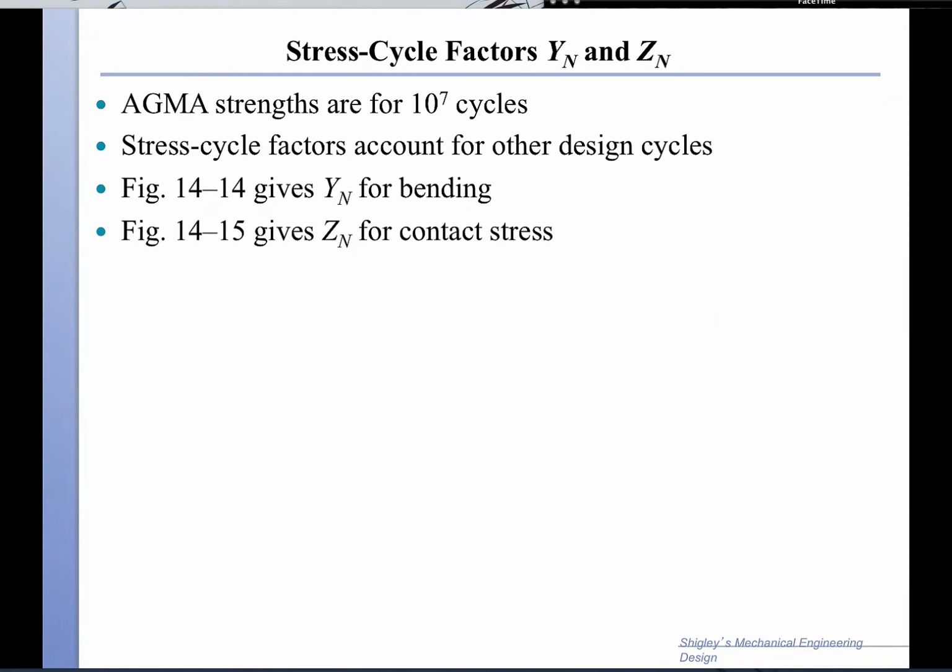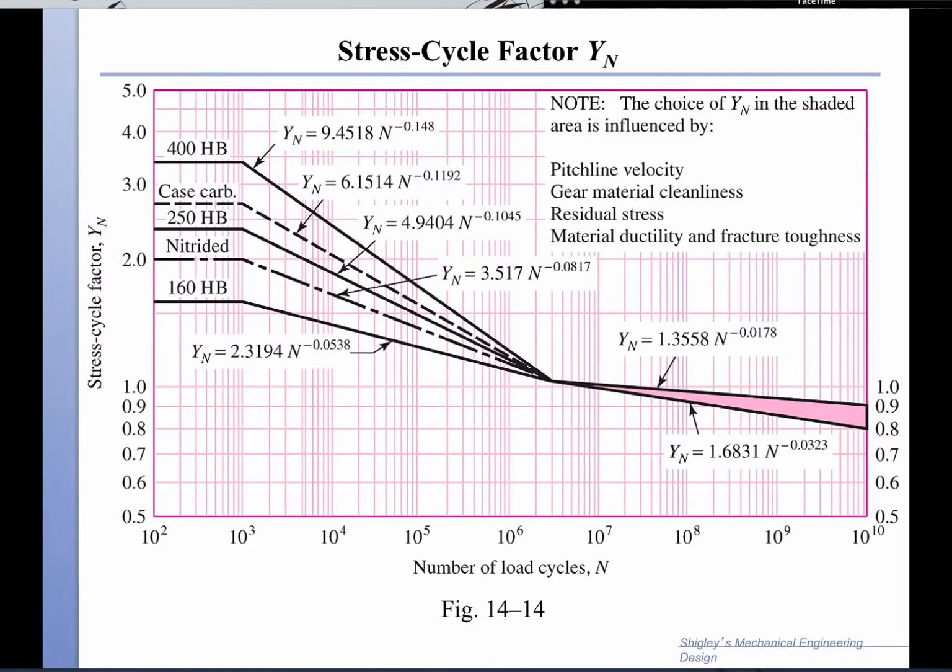The stress cycle factors, if we have fatigue, usually the gears are designed for 10 to the 7 or higher number of cycles, and those are given in figures. So we have Y sub n for bending, Z sub n for contact stress. We have them in figure 14-14, which is like an SN curve.